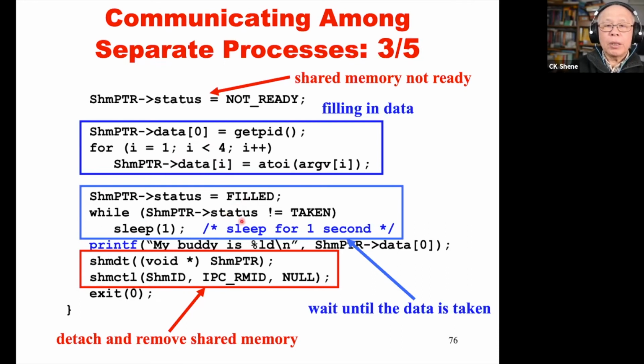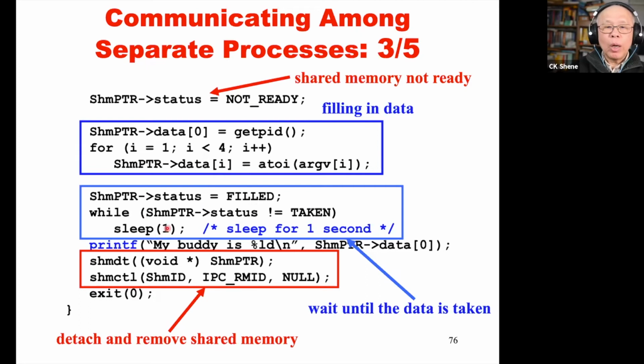We check the variable status. As long as the variable status is not taken, this program will suspend its execution for 1 second. Remember the meaning of sleep? Sleep is a system call. When you call it, your process will be suspended for at least 1 second.